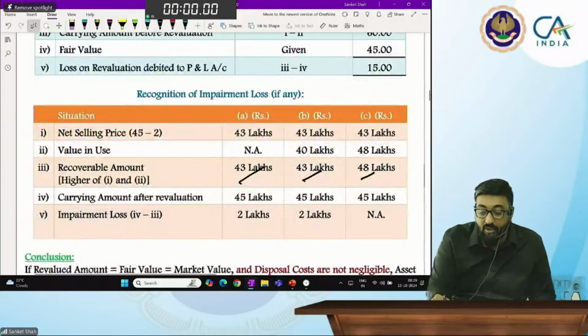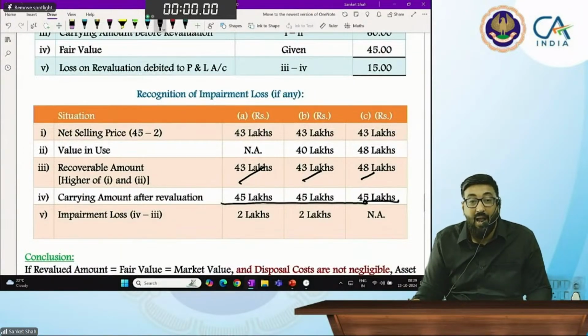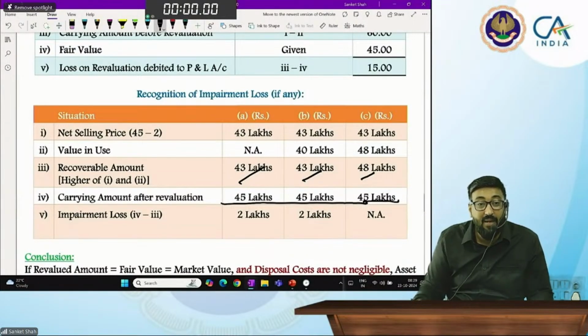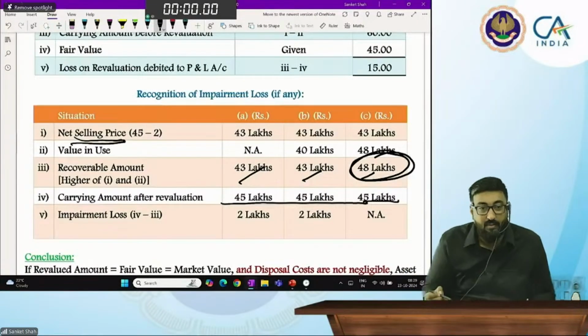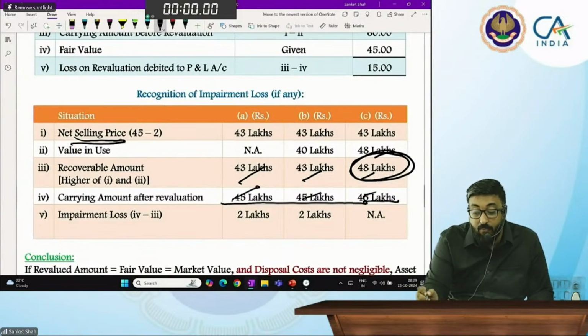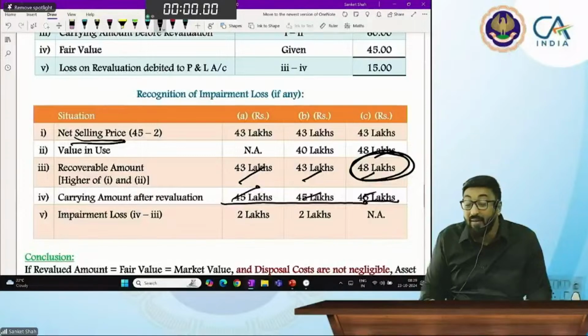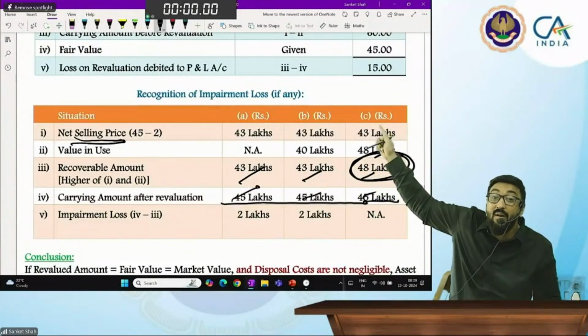But after the revaluation model, I will consider 45 after revaluation. Right? Yes. So here I have to calculate value in use. I consider value in use because cost of disposal will reduce my selling price. So it might happen that I carried 45 lakhs, and there may be a value in use which is greater than your net selling price.